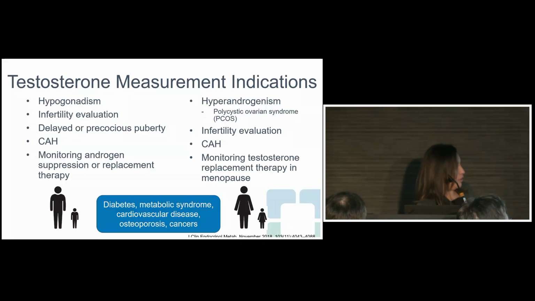There's also a lot of conditions, both in men and women, including fertility evaluation, congenital adrenal hyperplasia, and monitoring either androgen suppression or replacement therapy in men or testosterone replacement therapy in women, most commonly and most recently in menopause. There's a lot of buzz and articles and research about the role of testosterone in many other metabolic diseases. However, there's no true indications for testing for any of these conditions.